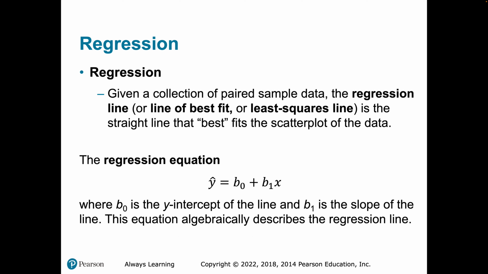When you want to find this regression model, you're going to plug your information into StatCrunch. You're going to click the buttons that I'm going to teach you to click, and your regression equation will be right there. So the regression equation is y hat. This y hat is called the predicted y. So we can predict y equal to b0 plus b1 times x.